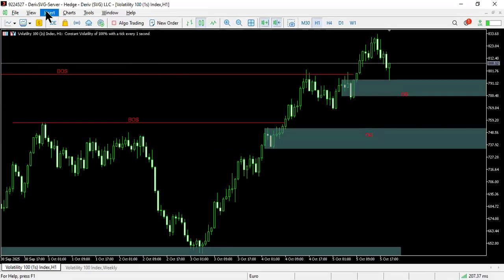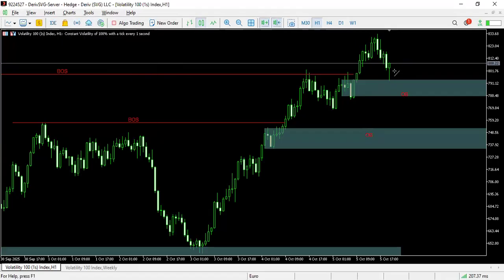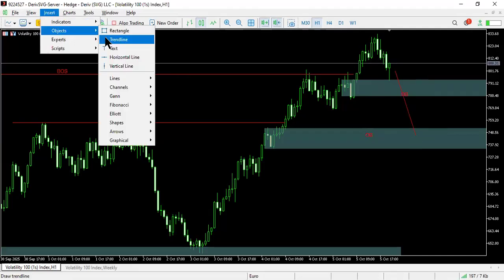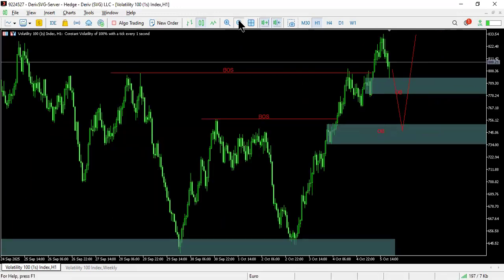Because I am seeing that as liquidity, that price will sweep, come and tap into this order block, and then continue pushing up. So I'm not taking an entry from that order block. Instead, I'm going to wait for price to get to this order block and then see if I can place an entry, because I cannot place an entry at this order block since I'm seeing that as inducement or liquidity.